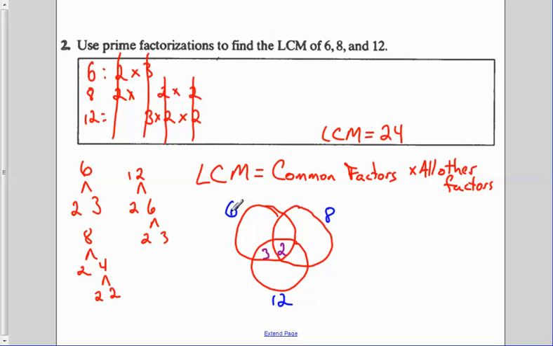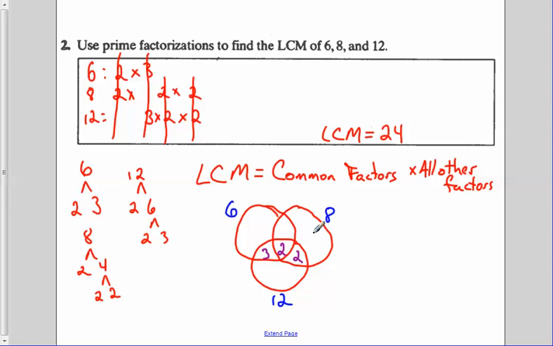And then for 6 and 8, we already talked about the 2 that 6, 8, and 12 all share, but 6 and 8 don't share any other numbers. And then we look at 8 and 12. Well, 8 shares a 2 with 12 and 6, so we have that 2 still here, but it also shares another 2. So we can put a 2 where 8 and 12 overlap, and what's left?